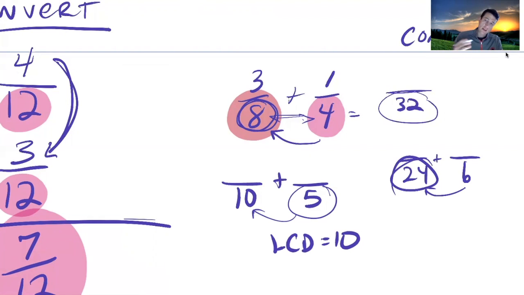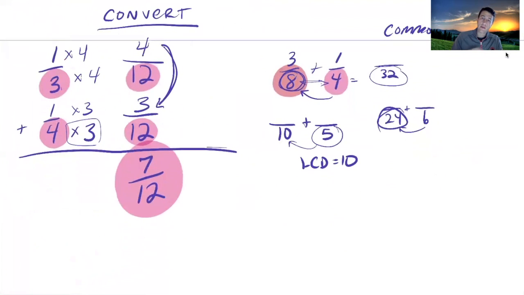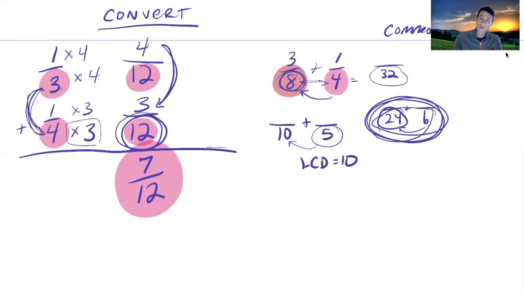So there is a little bit of strategy involved when you're finding a common denominator using a shortcut. Yes, you can easily just multiply the two together and you will get a common denominator, right? But if we go back to this question, what if we multiply 24 and 6? That'd be a really large denominator. It would work, and at the end, we would have to reduce and reduce and reduce. Some people don't want to do that.